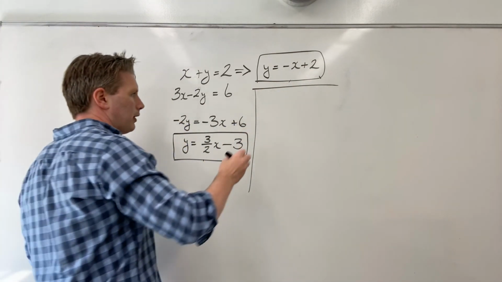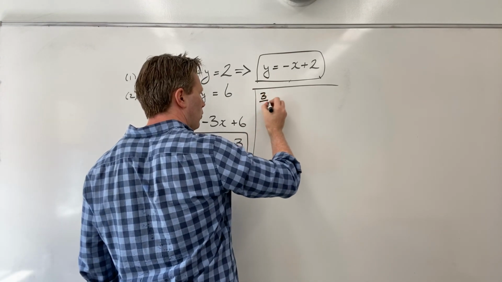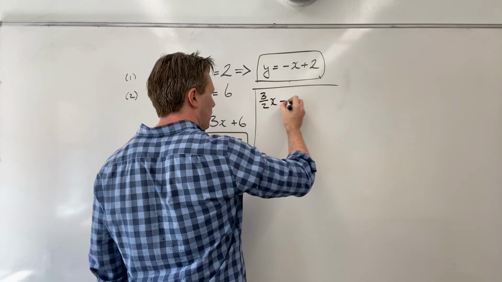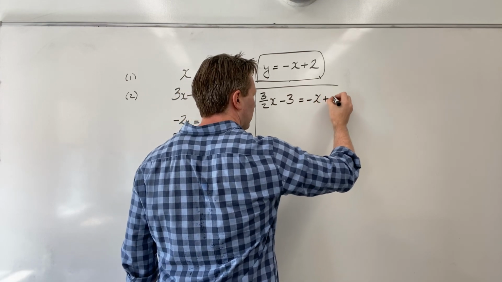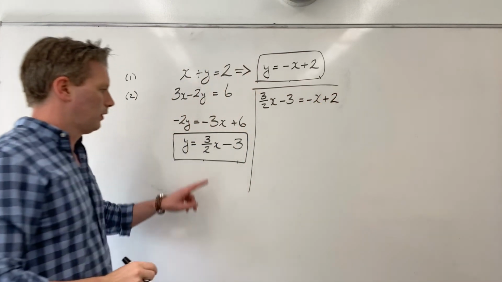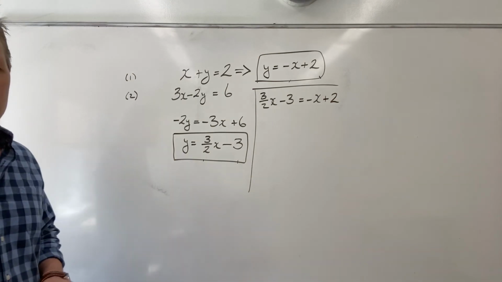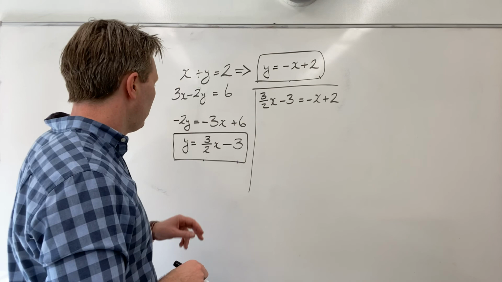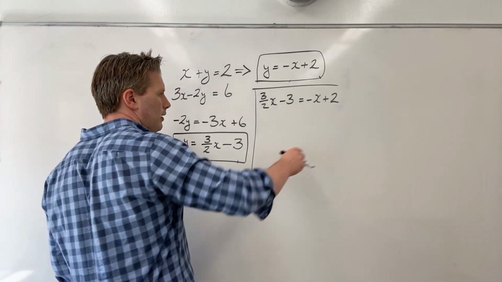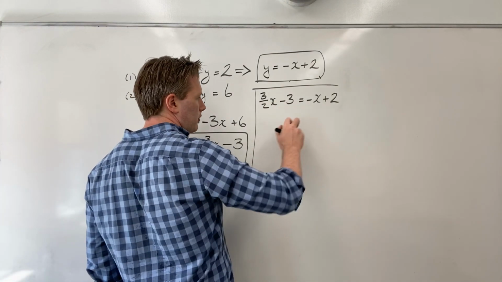And so I will get that 3 over 2x minus 3 is equal to minus x plus 2. Okay? And now I can solve for x. I'll bring my x terms all to the left-hand side, and I will bring my constant terms to the right-hand side.